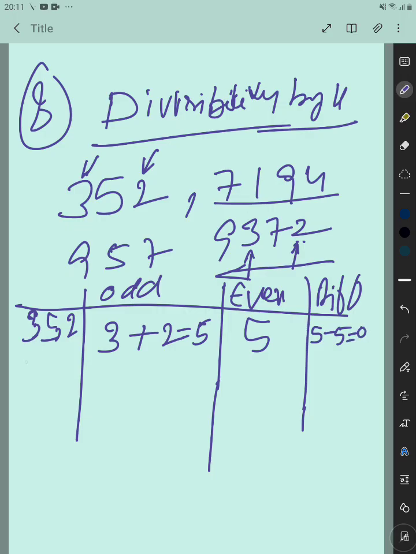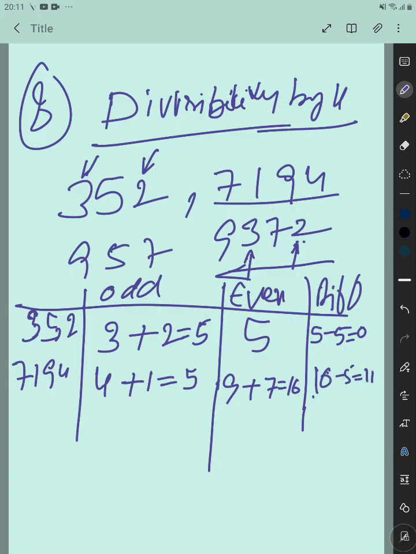Now we'll take the second number, 7194. At odd places, first is 4 and second is 1, so the sum will be 5. At even places we have 9 plus 7, which is 16. The difference is 16 minus 5, which is 11.